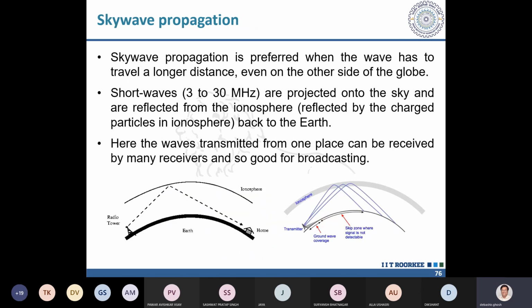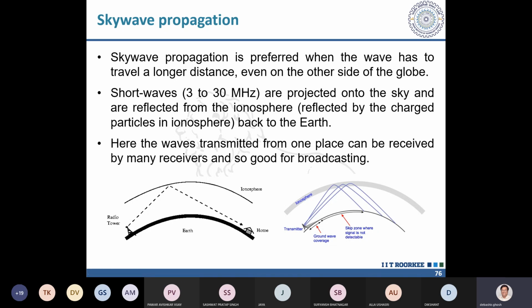Next comes sky wave propagation. What is sky wave propagation? In sky wave, we send short waves in the range of 3 to 30 megahertz. The signal coming from the transmitter goes to the ionosphere and gets reflected from it because of the charged particles in the ionosphere.